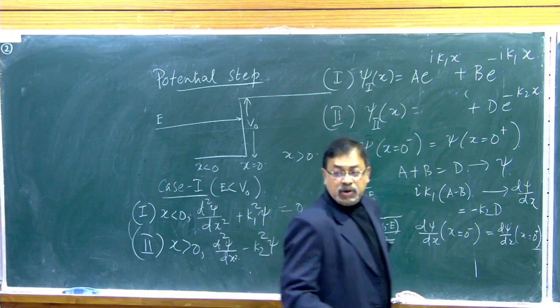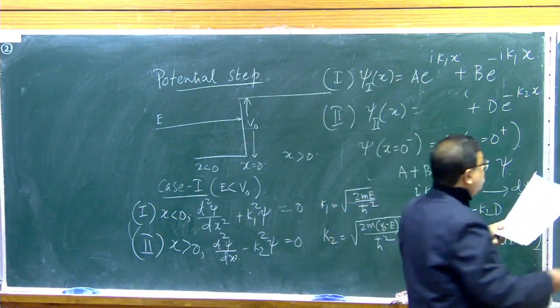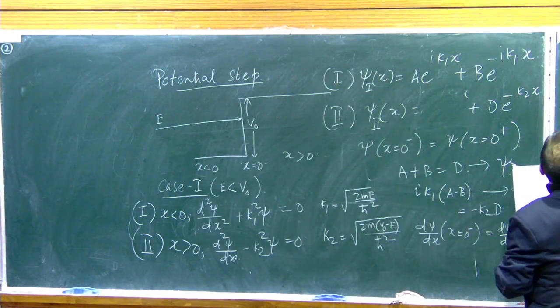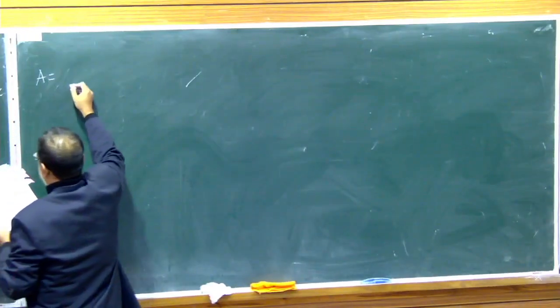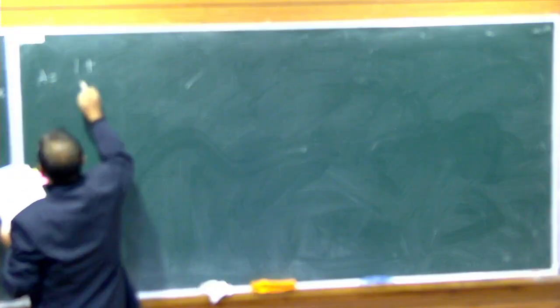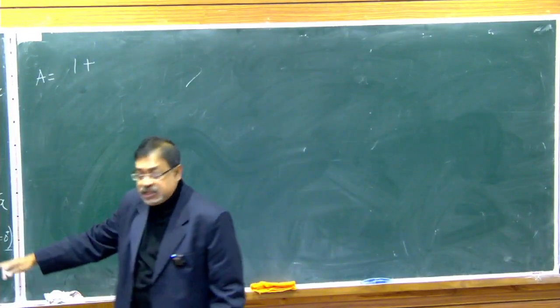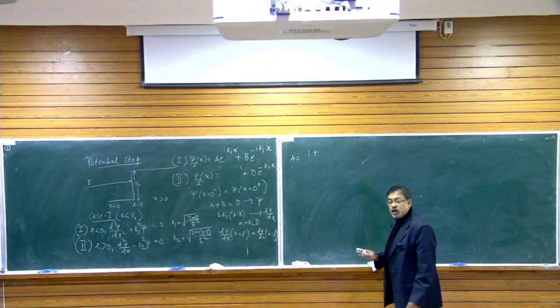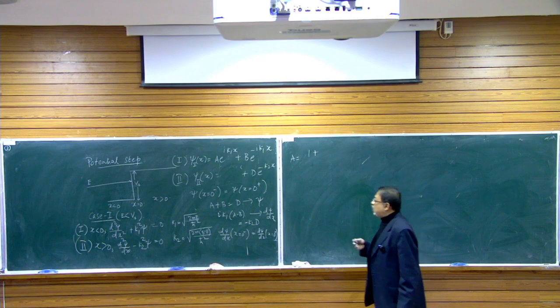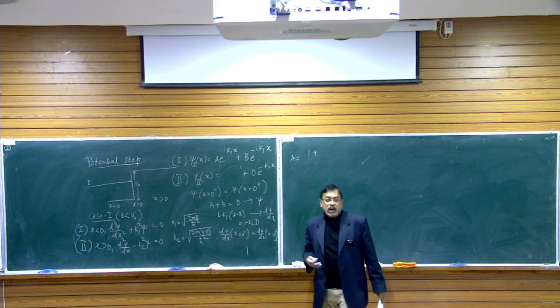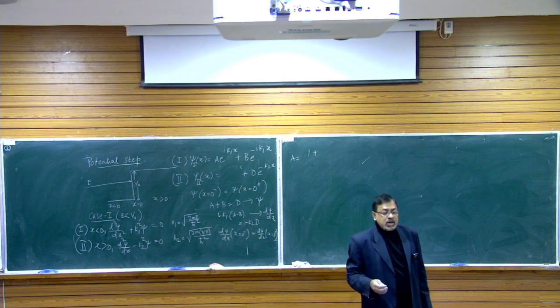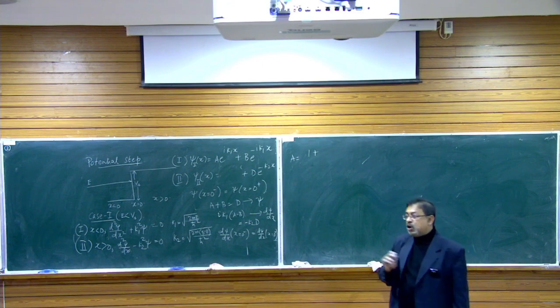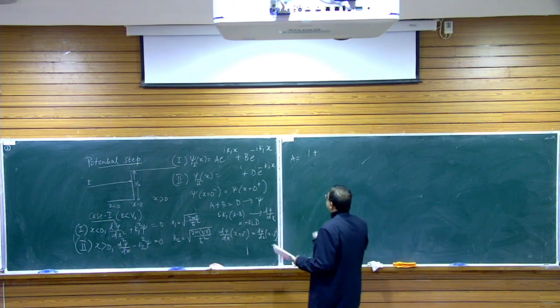Now, what we can do is that we can solve for this a, which is equal to 1 plus. Now, you have 3 constants and 2 unknowns. So, you cannot solve for all 3 of them independently. Okay. What you can do is that you can get a ratio of 2 in terms of the third one.